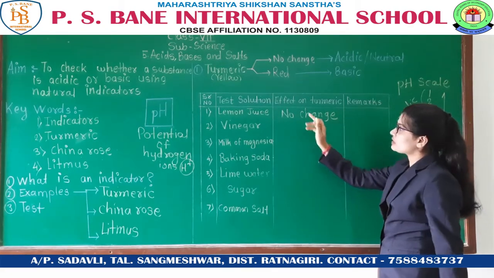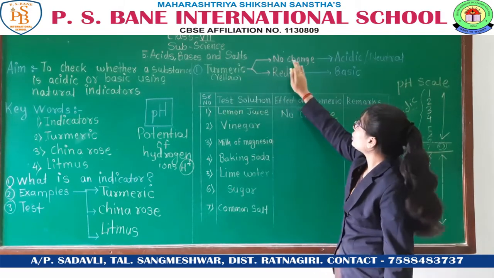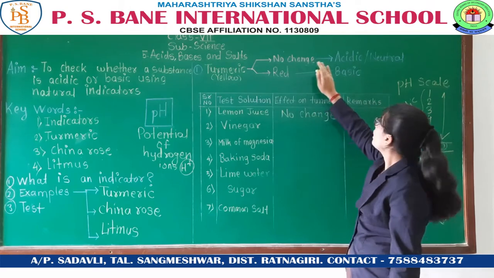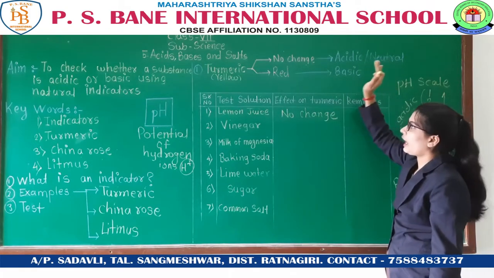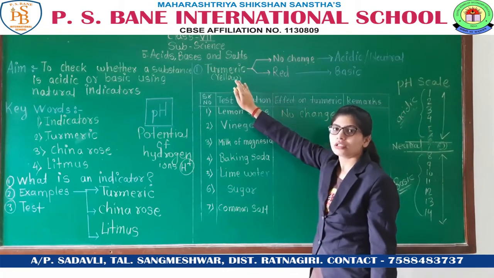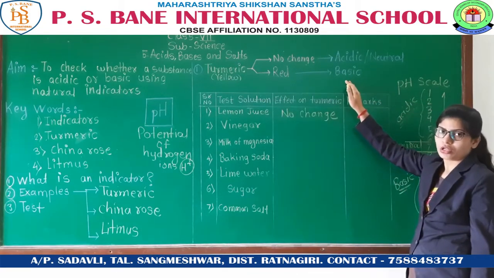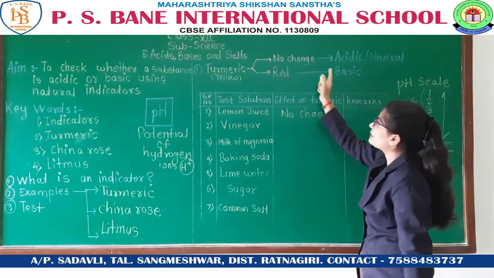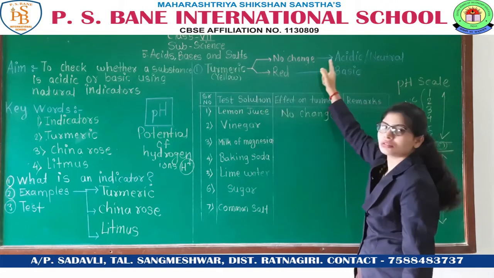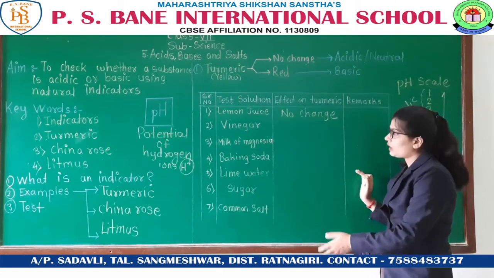If there is no change in the yellow color, that solution is either acidic or neutral. And if the yellow turns to red, the solution is basic in nature. So before writing the table, please write this note. Understood? Then only you can fill the table easily.